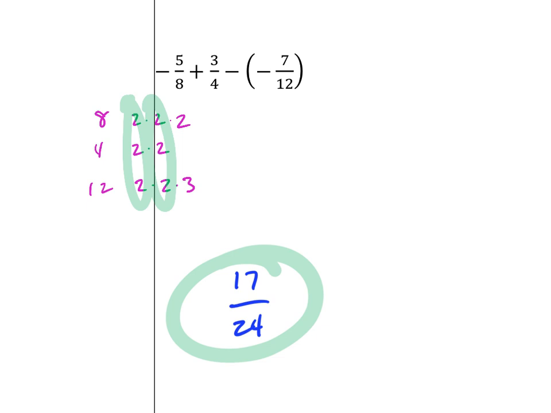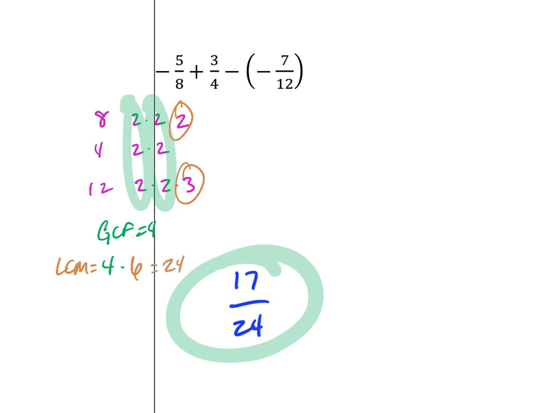So the greatest common factor is 4. And then to find the least common multiple, it's the greatest common factor times what's left over, and there's a 2 and a 3 left over, so times 6. So that means the least common multiple equals 24.